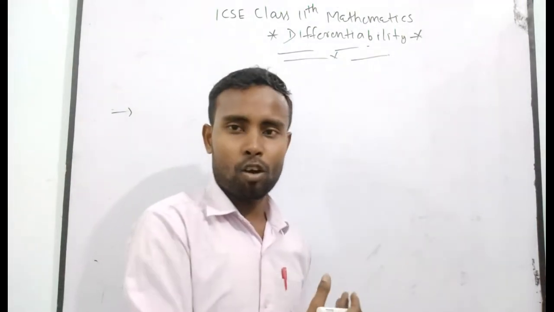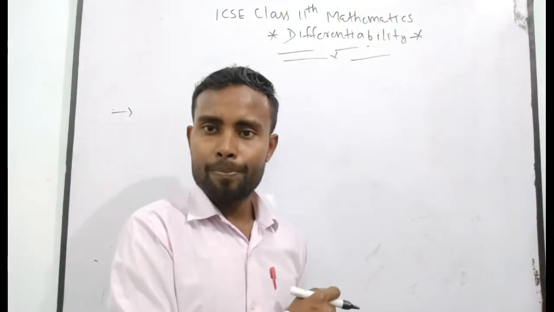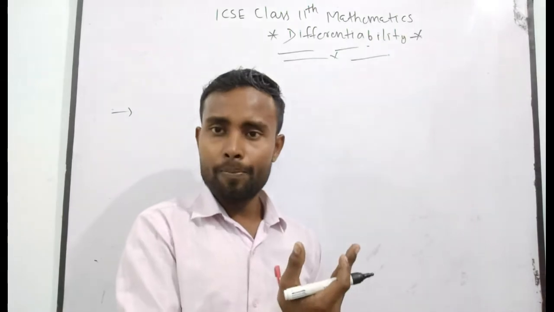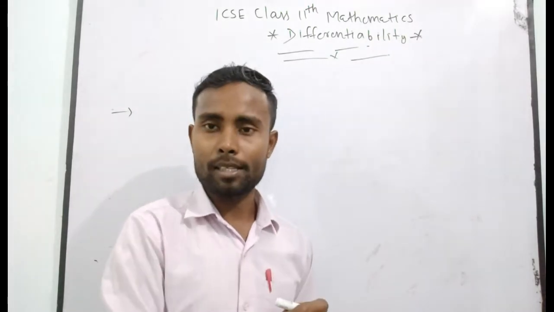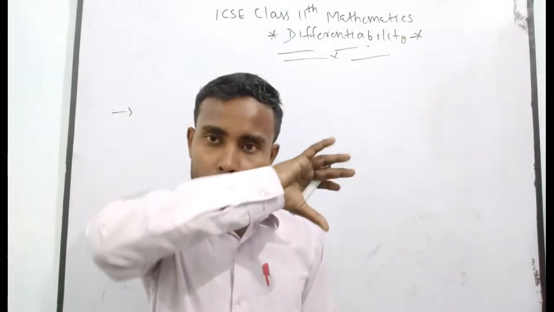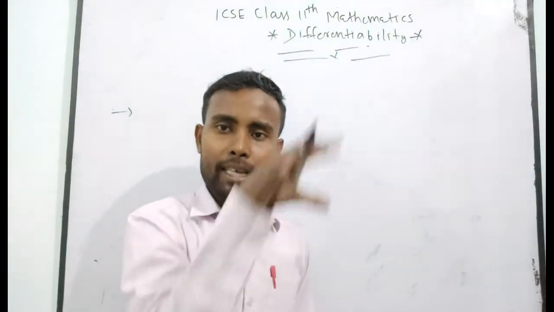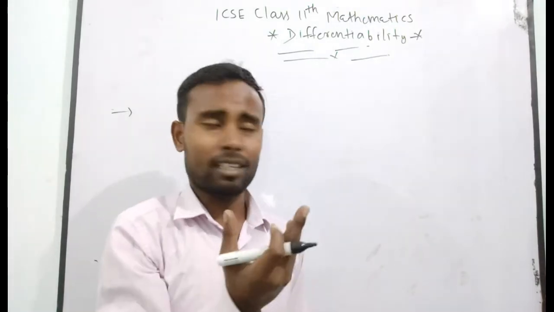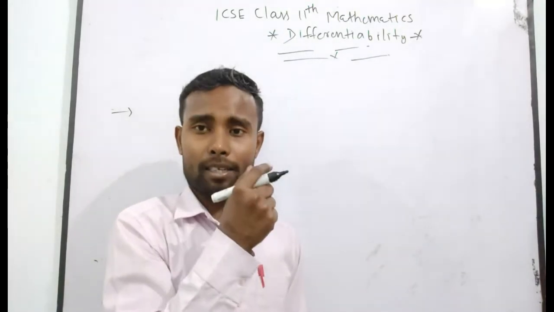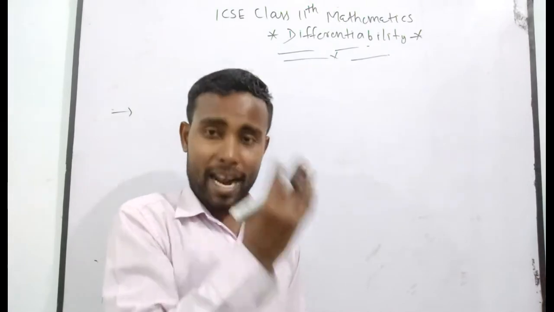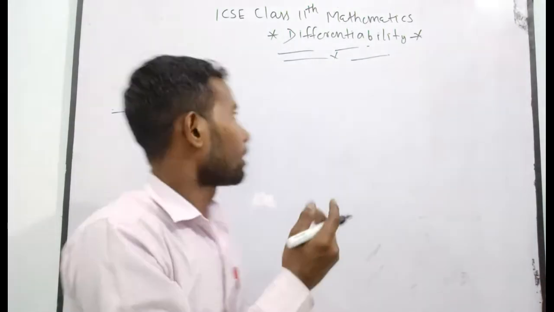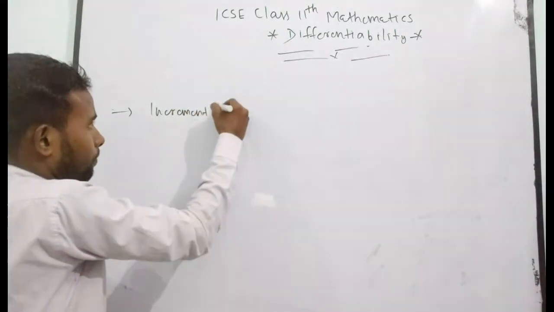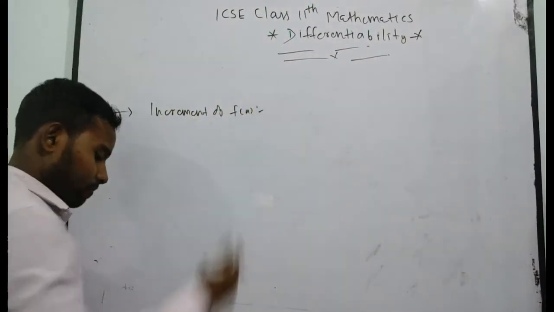You decrease the value of a in a minus h, and increase it in a plus h. Taking the whole expression in aggregate form, I have taken here the increment of x. That means I want to write again the increment of fx.